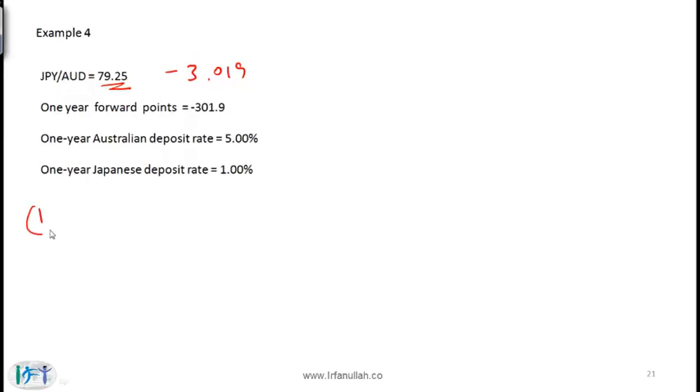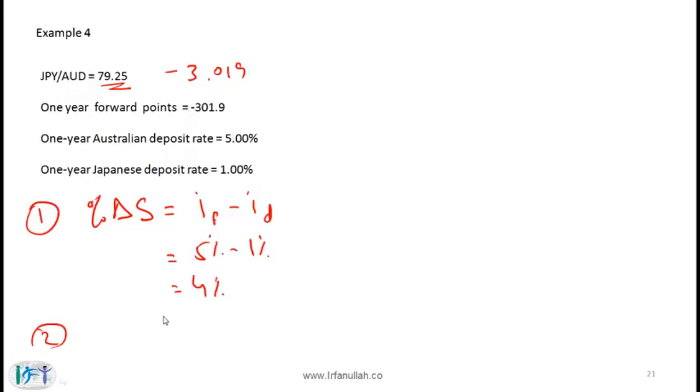So for question number 1, recall that the basic formula for uncovered interest rate parity is the following. The percentage change in spot rate is equal to the interest rate in the foreign currency minus the interest rate in the domestic currency. In this particular case, we have 5% minus 1%, which is equal to 4%.